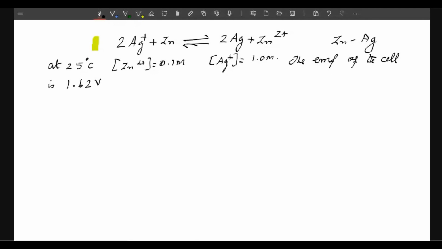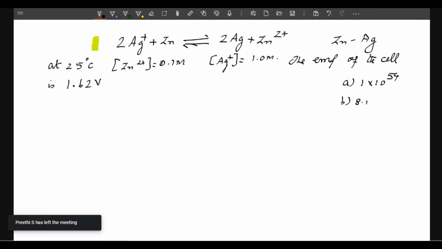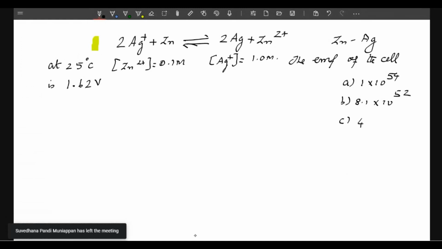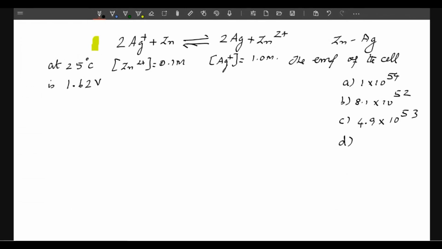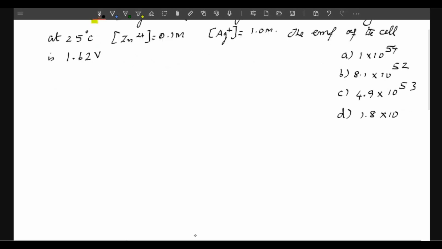Option A, 1 into 10 power 54; B, 8.1 into 10 power 52; C, 4.9 into 10 power 53; D, 1.8 into 10 power 51.